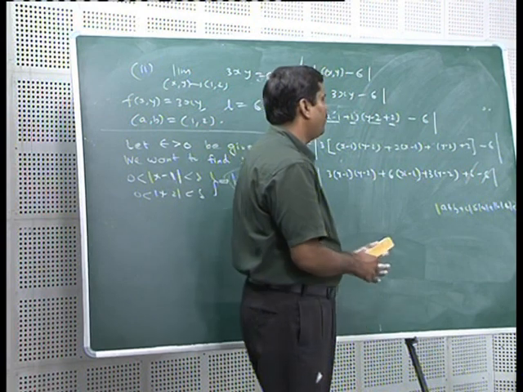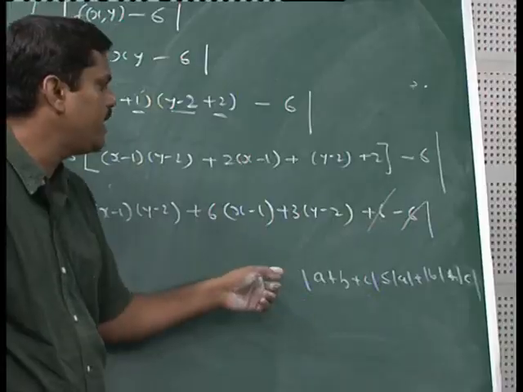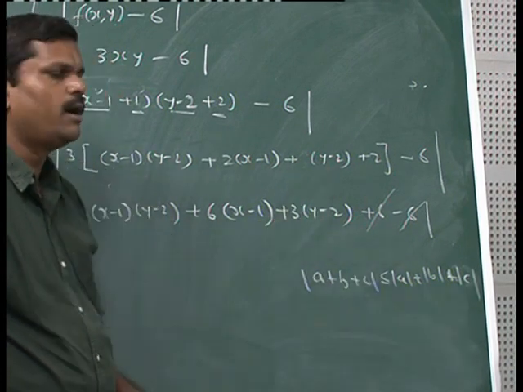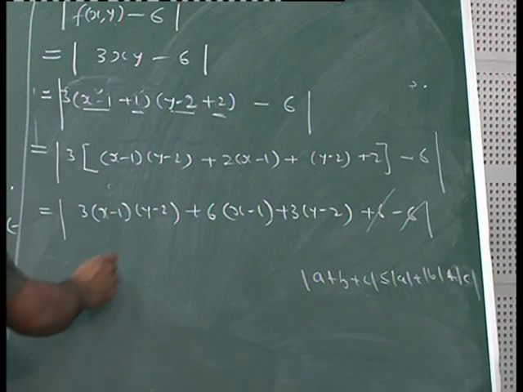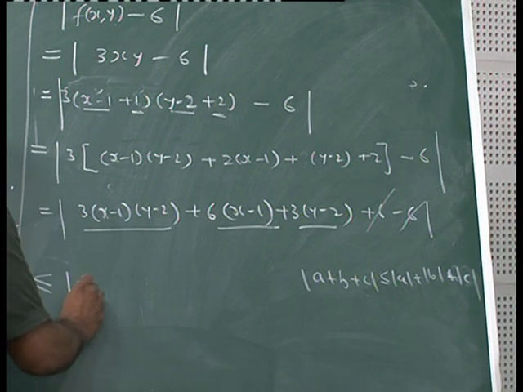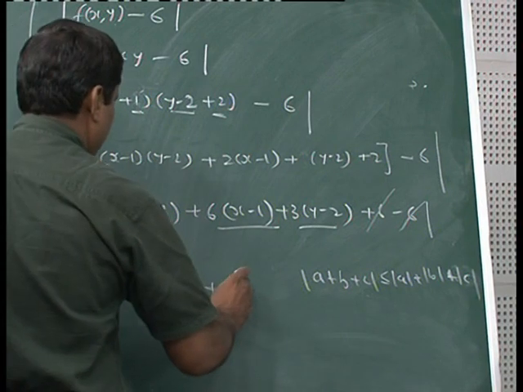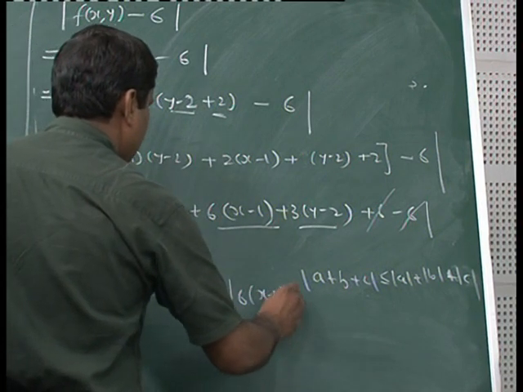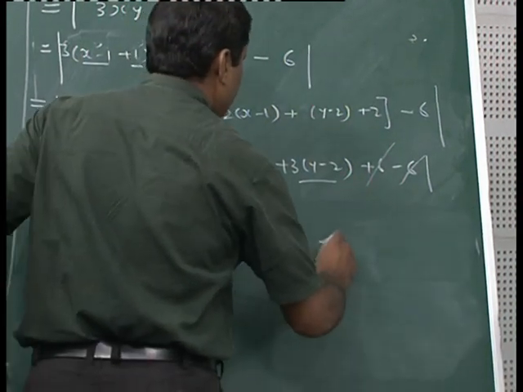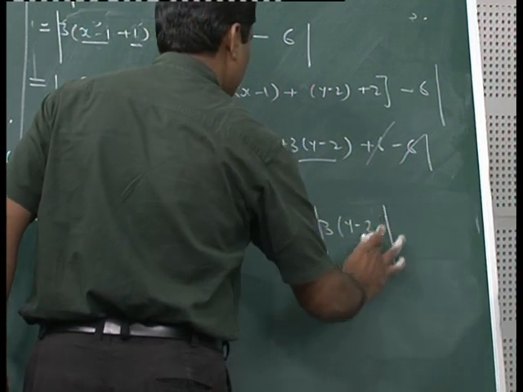In the previous problem we had only two terms, but the triangle inequality is true for any n terms: |a1 + a2 + ... + an| is less than or equal to |a1| + |a2| + ... + |an|. So, this is a, this is b, this is c. It is less than or equal to |3(x - 1)(y - 2)| + |6(x - 1)| + |3(y - 2)|.